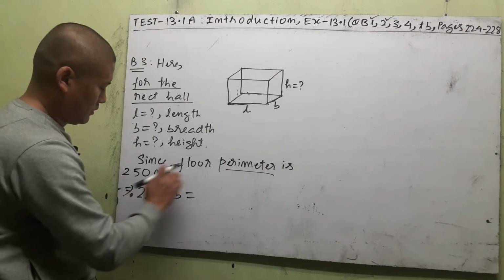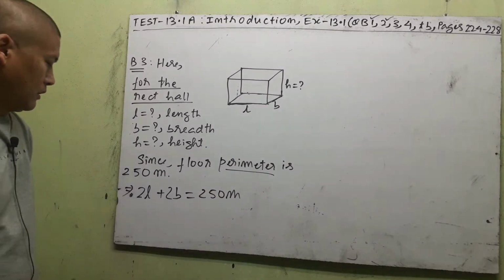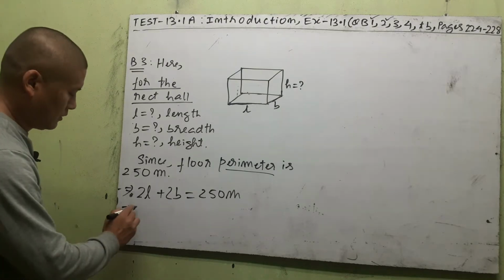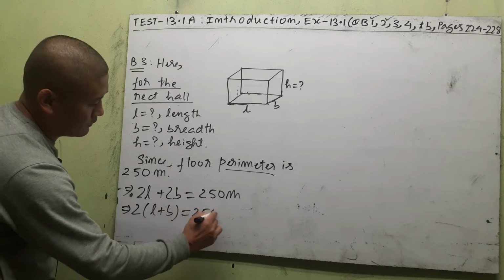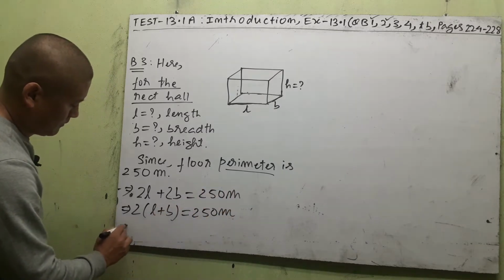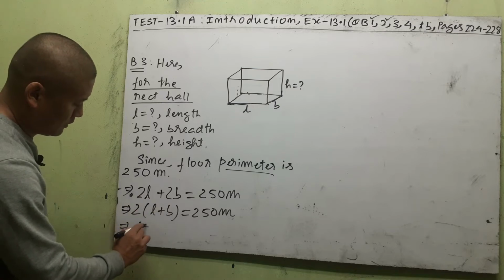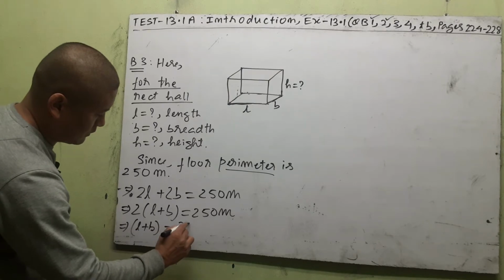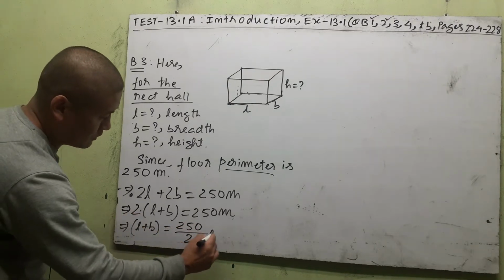Is means equal 250 meter, the question is saying, right? So you can take out this 2 common, or right here 2 into L plus B is equal to 250 meter, because 2 common go outside, L inside, B inside. So L plus B value we have found out, 250 divided by this 2 into, means will go down to denominator.